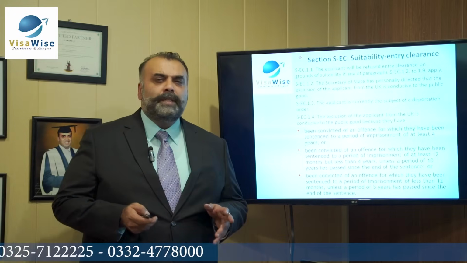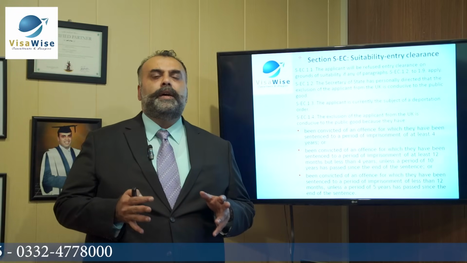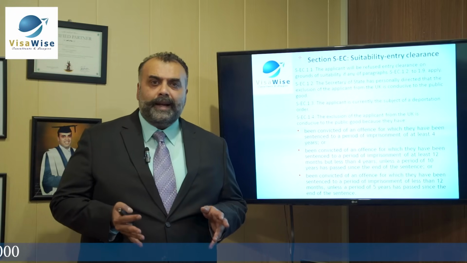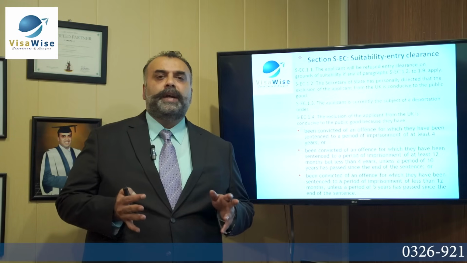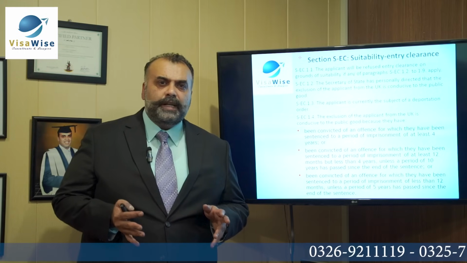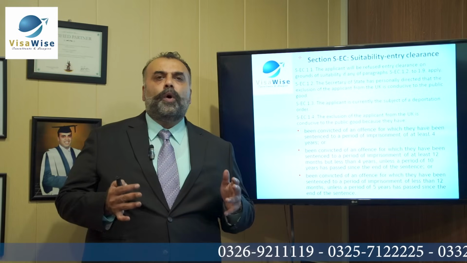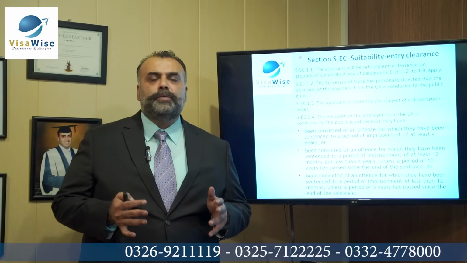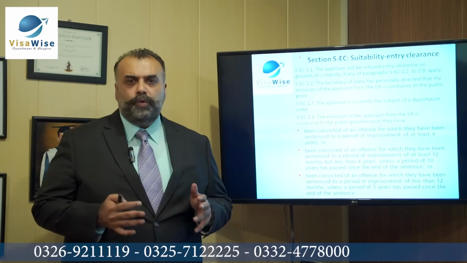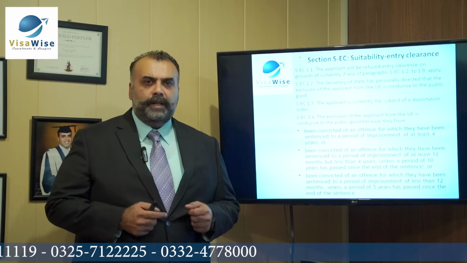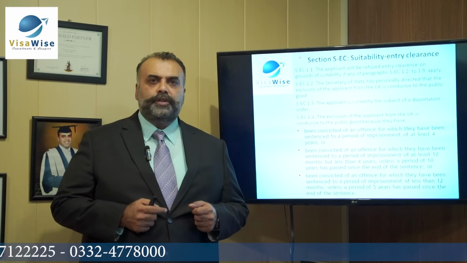Suitability requirements are mainly to establish whether you have a good character, whether you have made any past misrepresentation to the Home Office. So all these points need to be ticked before you go and speak about the other requirements of the immigration rules.